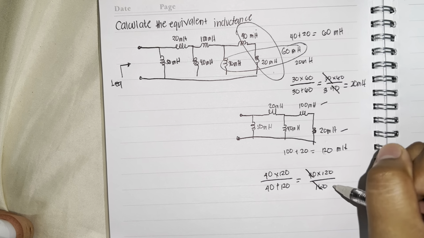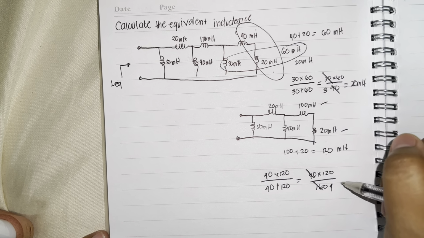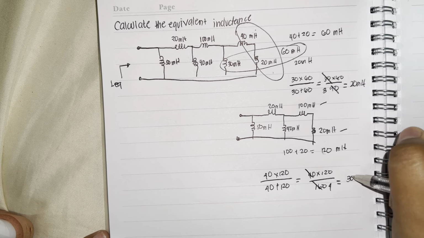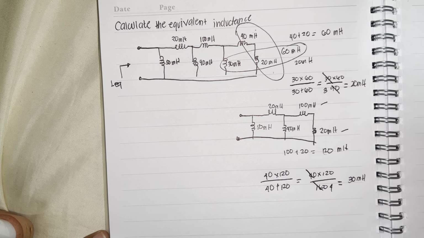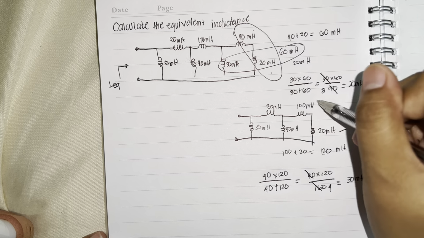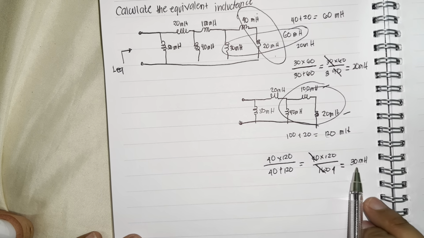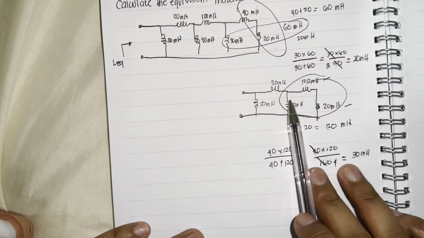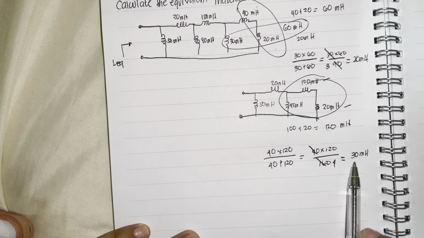We cancel out, it will be 4, and we get 30 millihenry. So this part of the circuit is already 30 millihenry.